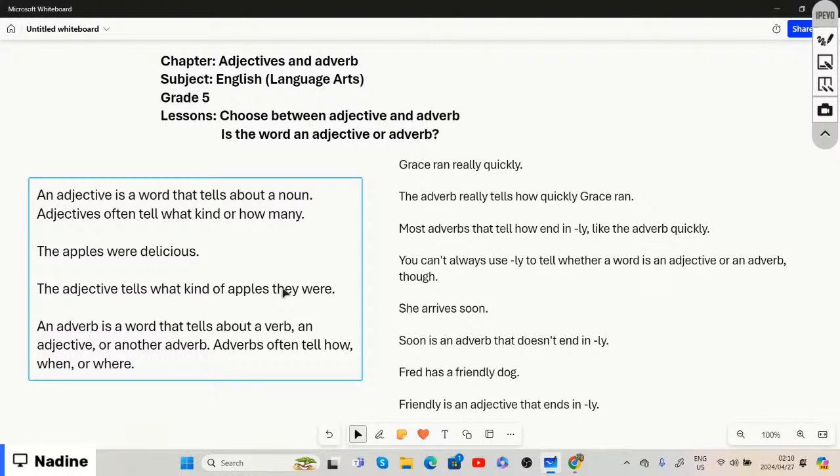And an adverb again is a word that tells us about a verb, an adjective, or another adverb. Adverbs often tell how, when, and where.